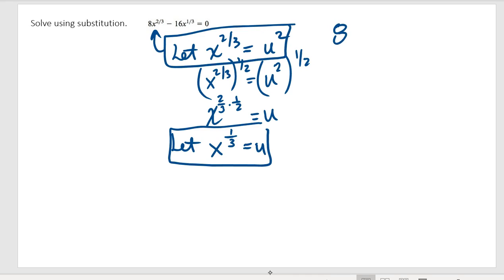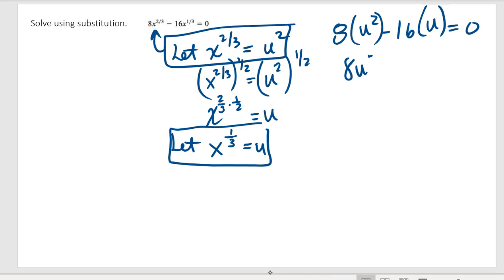So in place of x to the 2/3, I'm going to replace that with u squared, because that's what we said x to the 2/3 is equal to in our substitution. And in place of x to the 1/3, I'm going to replace it with u.